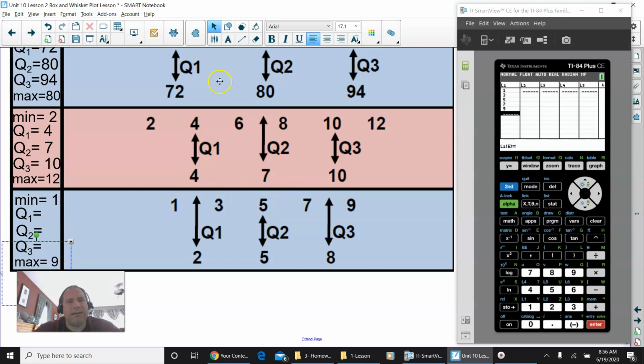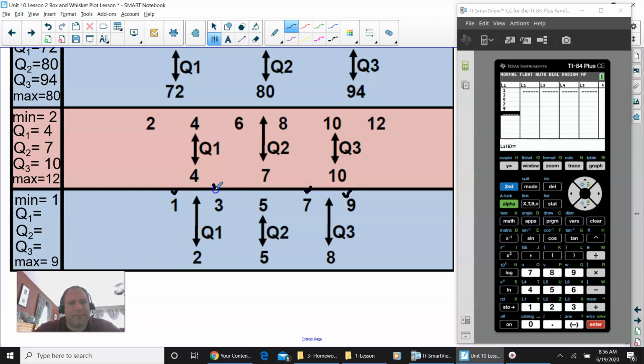When you do it by hand, you could check off 1 and 9, 7 and 3. So 5 is the median, and that is what you would put down for Q2. This would be where your wall would be.